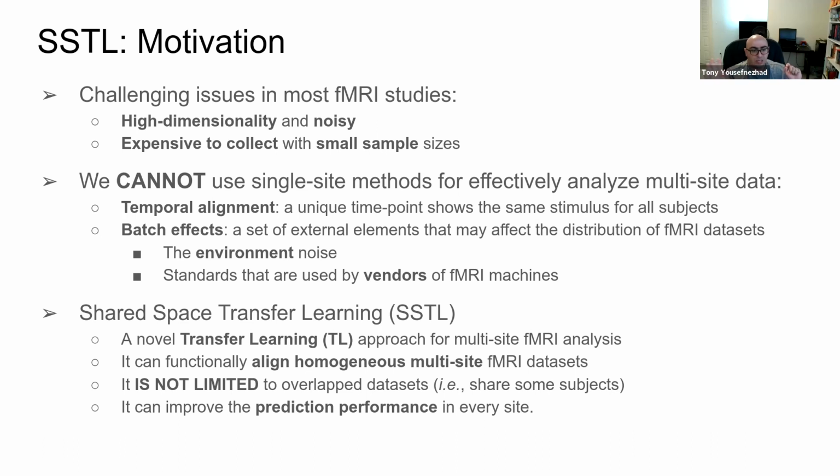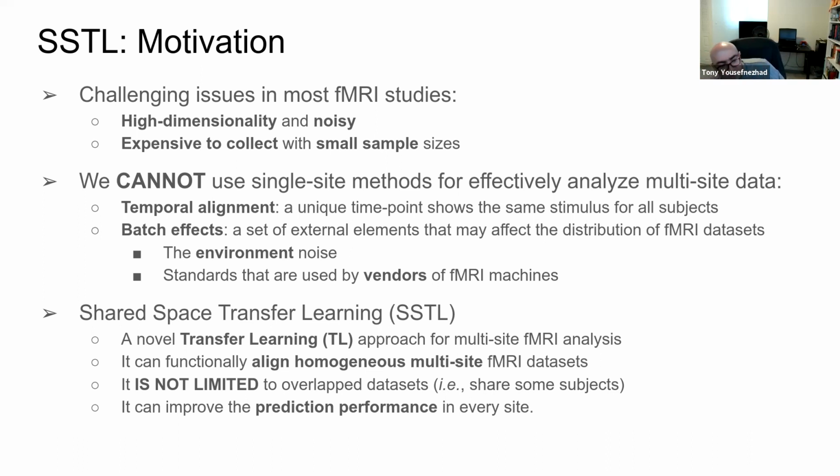The only thing you need is to be sure that, for instance, you are aligning visual stimuli related to faces, objects, or other things, to visual stimuli of faces, objects, other things. It's not logically possible if we align the visual stimuli to the audio cortex, right? That is wrong. The voxel values are wrong for this kind of thing. The task is different. So the only condition we have here is that we try to align the homogeneous multi-site data sets.